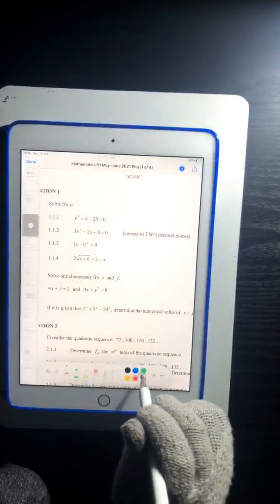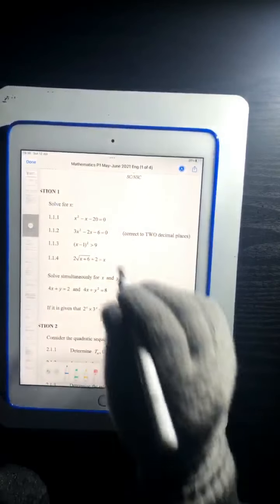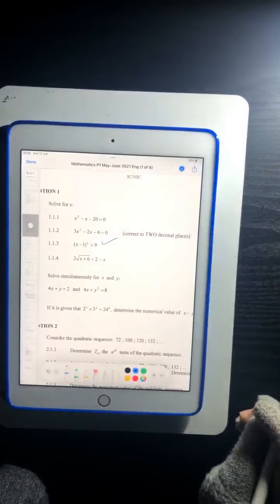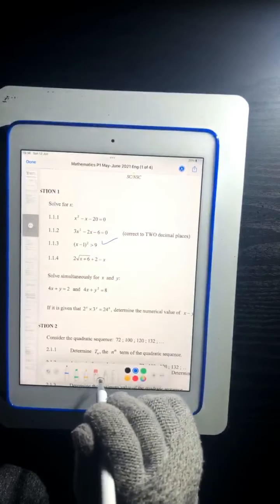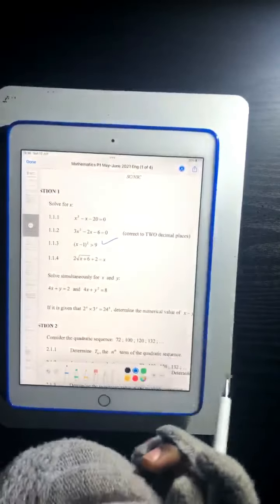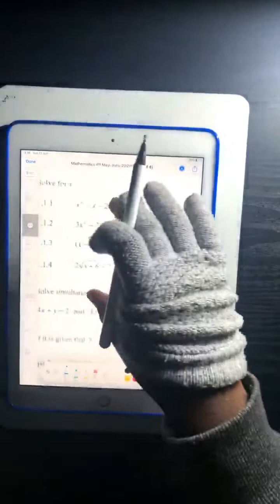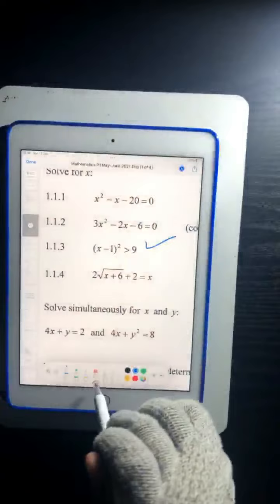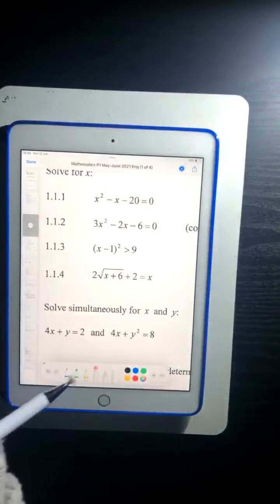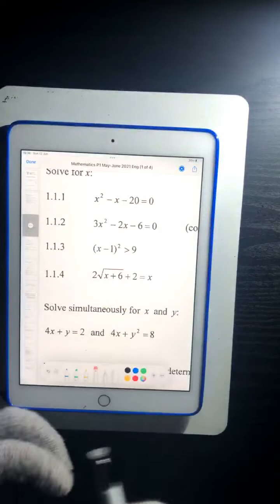So, let's see. The third one, what are we dealing with there? Okay, can you pull it closer? It's an inequality, this one. It's an inequality. Yes. That sign, what is that sign? Is it greater or is it less than? It's greater.